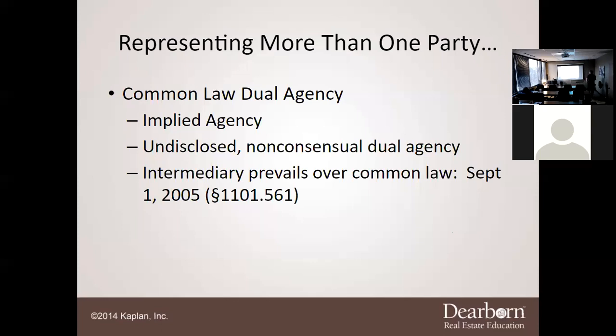You have to make certain that you are disclosing the information to your client. You have a duty to disclose your information to your client.